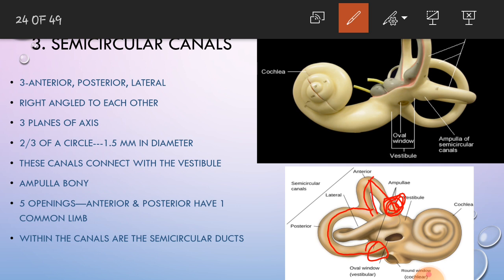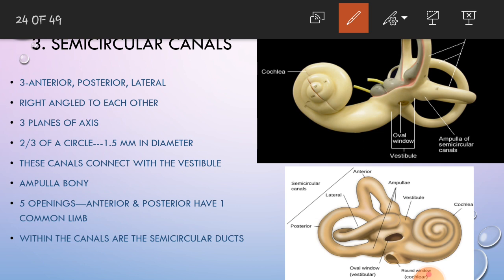Now here they just join each other and they open into the vestibule. This ampullary limb opens directly into the vestibule. Here also. And the lateral semicircular canal also has an ampulla at one end which opens directly into the vestibule, and the other limb also enters the vestibule.